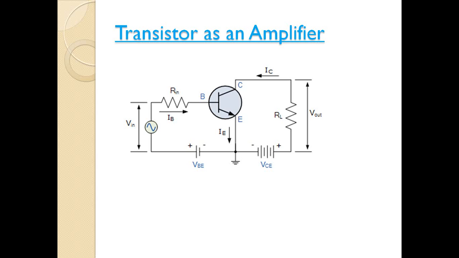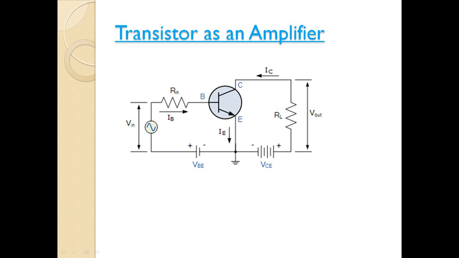I'll explain it to you. Here I said that amplification is nothing but the change in the output voltage by the change in the input voltage, that is, delta V naught by delta Vi. I said that delta V naught is alpha dash RL into delta IE, and the change in the input voltage is RE dash into delta IE.